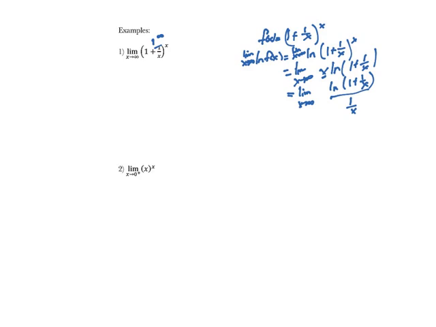Now I can plug in infinity. When I do that, I have the natural log of 1, which is 0, over 1 over infinity, which is 0. And that is a form that I can use L'Hopital's rule with. So that would be the limit as x approaches infinity of, now I take the derivative of the top.